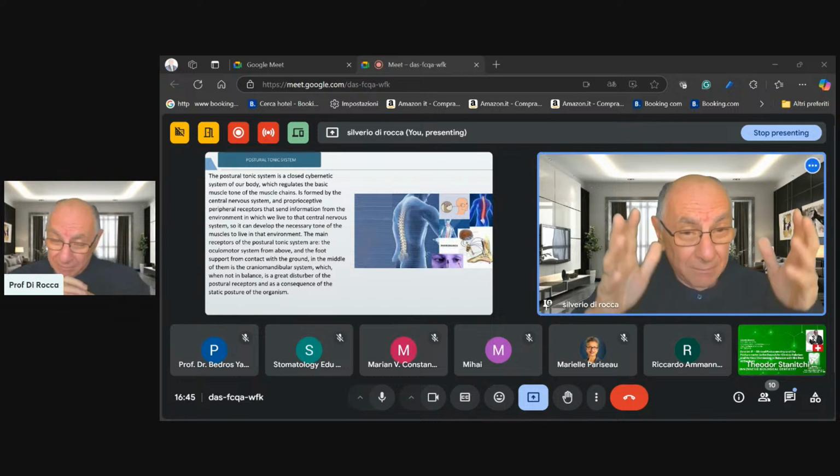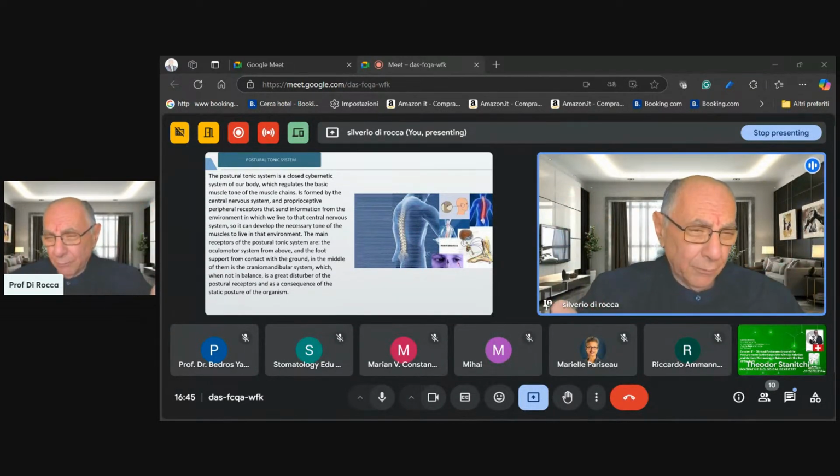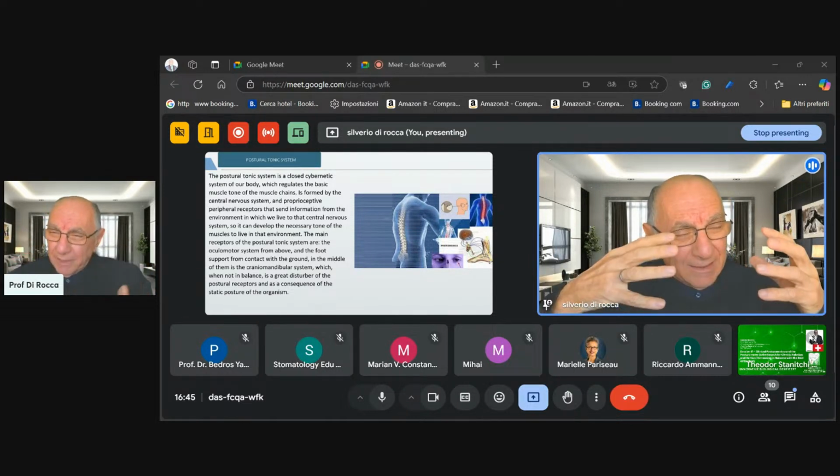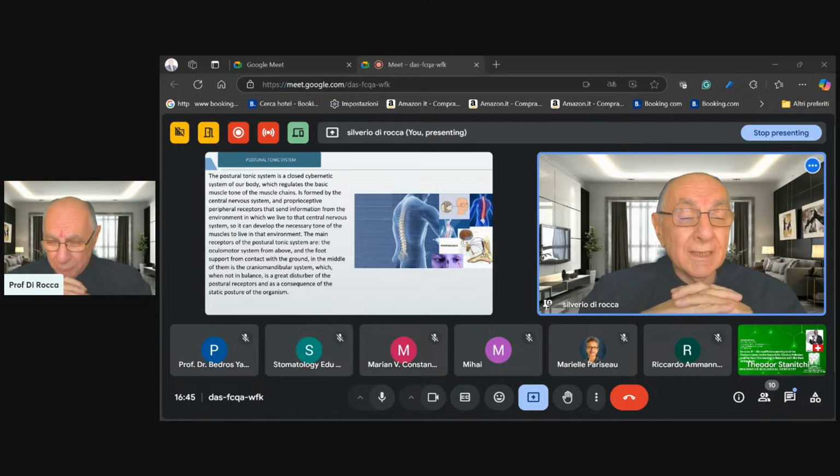Imagine, muscle tone of the body; the craniofacial system has muscles like the body, a neuromuscular system. And that information is arriving through the main receptors.